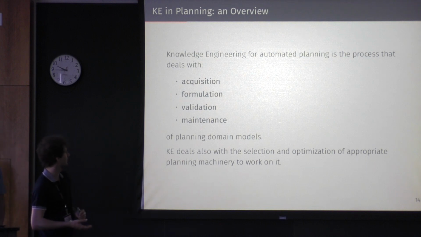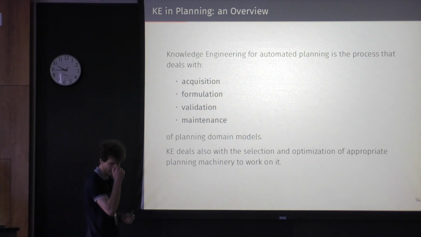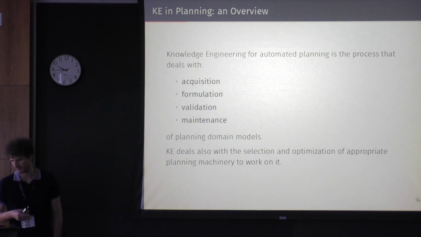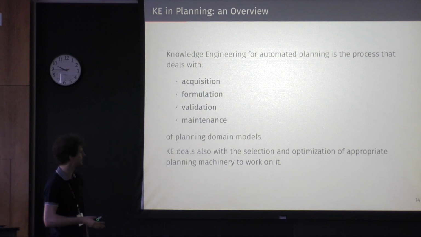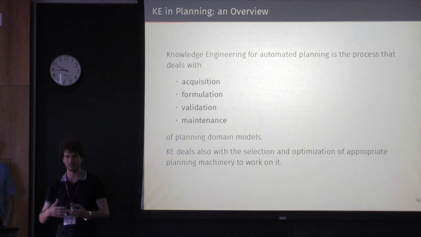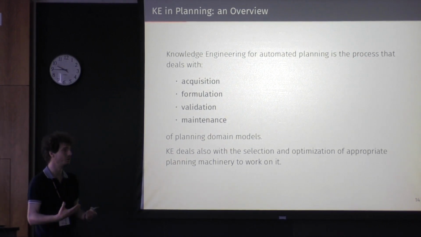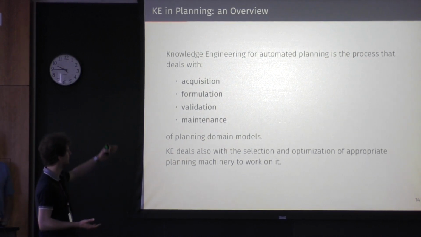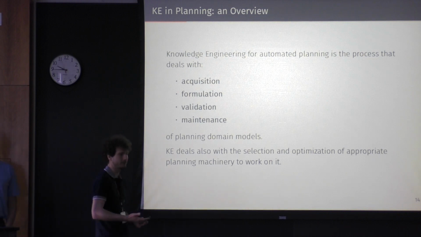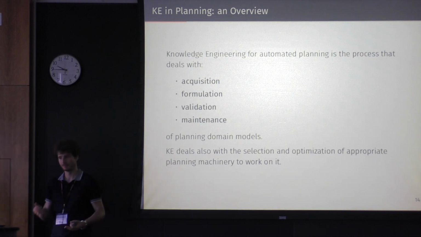And not only that, because one aspect you have to take into consideration when speaking about knowledge engineering is the selection and the optimization of appropriate planning machinery to work on it. The idea is that you want to encode your knowledge in some model, and you follow these steps, but on top of that you also want something which works.